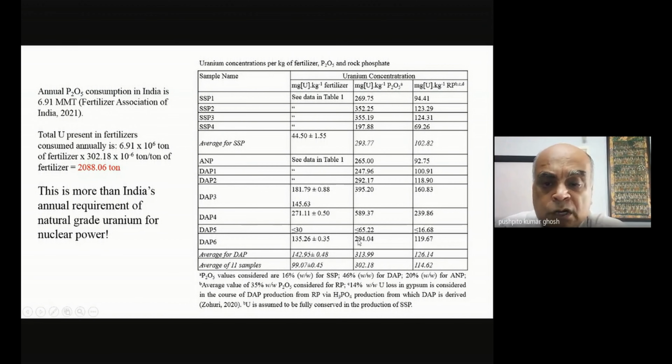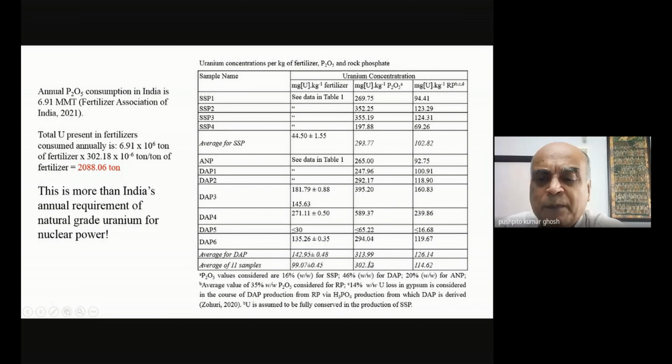This is expressed in terms of only the active constituent, P2O5. Now if you multiply this figure with this figure, then that is the total amount of uranium which is going into our agricultural fields. 6.9 million tons means 6.91 into 10 to the power 6 ton of fertilizer into 302.18 into 10 to the power minus 6 ton per ton of fertilizer.